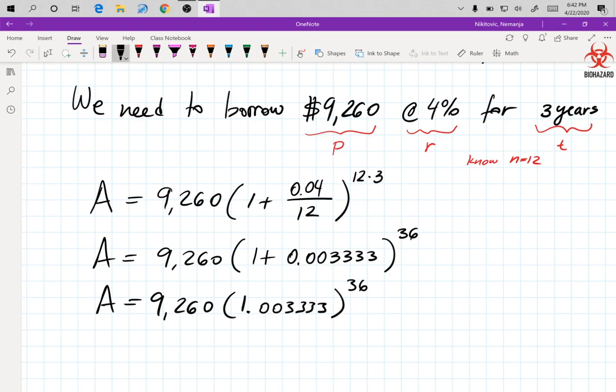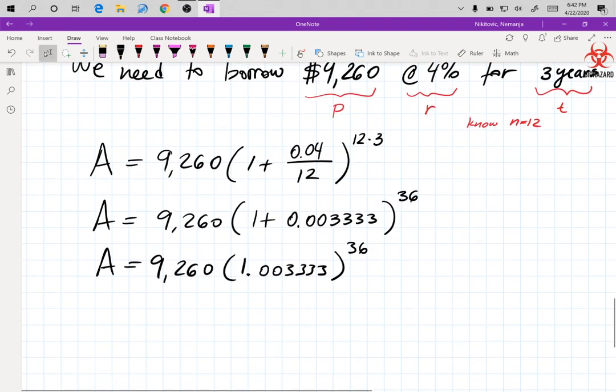So now we're going to raise this to the 36th power and multiply by 9260. And the amount you owe is $10,438.54.